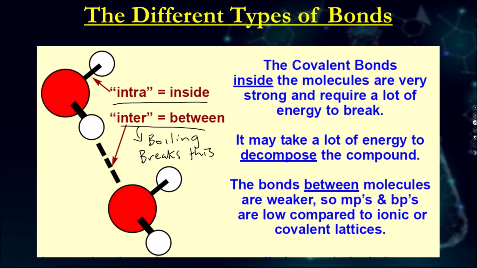It's a bond between one molecule and another. So it's a bond between molecules. If you're doing something like electrolysis, you're breaking something a bit smaller, a bit more fundamental. You're breaking the bonds between atoms.